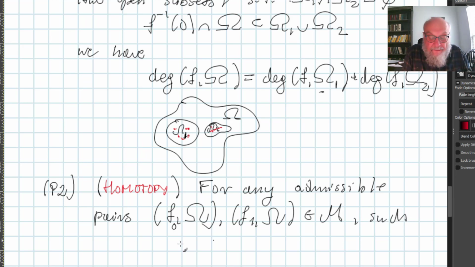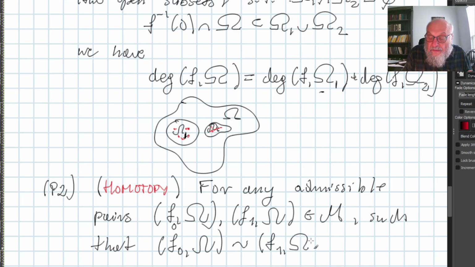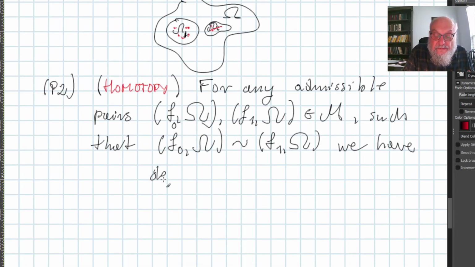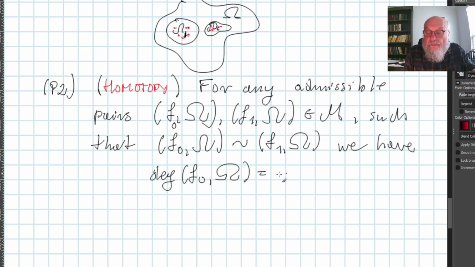Such that F0 omega is homotopic to F1 omega, we have that the degree of F0 on omega is equal to the degree of F1 on omega. So that's the second.